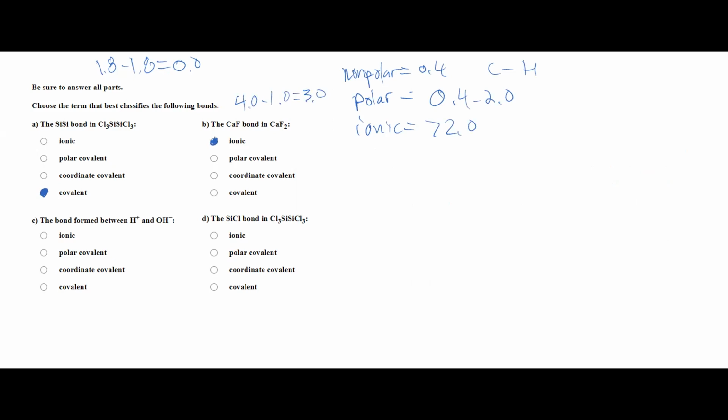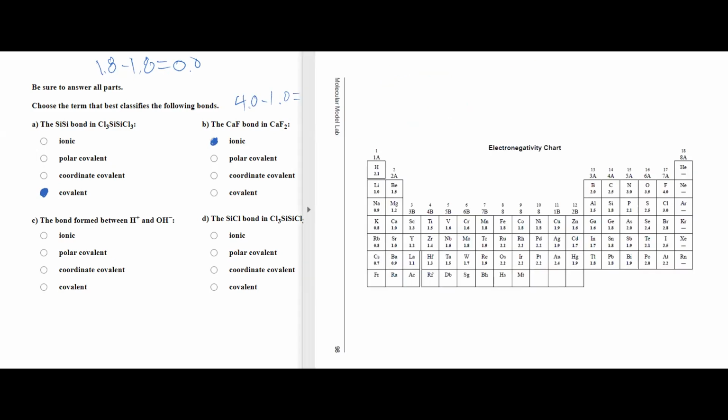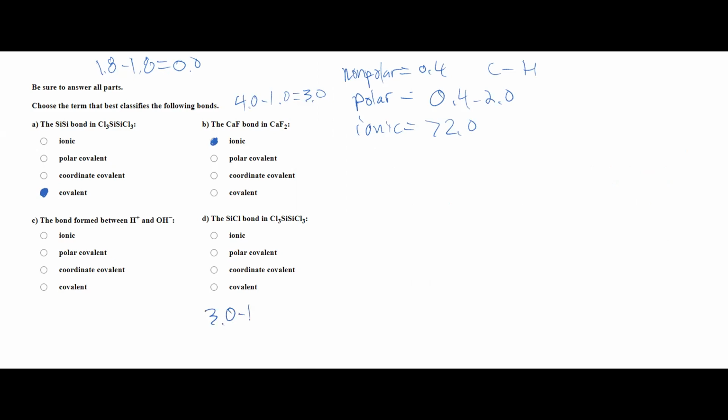Between silicon and chlorine, silicon is going to be 1.8 and chlorine is going to be 3.0. So 3.0 minus 1.8 gives us a difference of 1.2, which is not enough to make it ionic, but it is enough to make it polar. So there is an imbalance there.